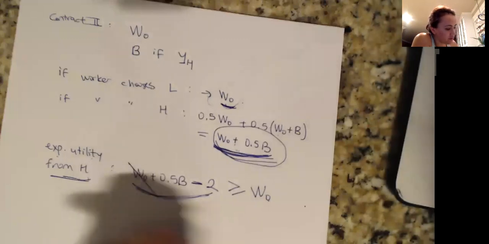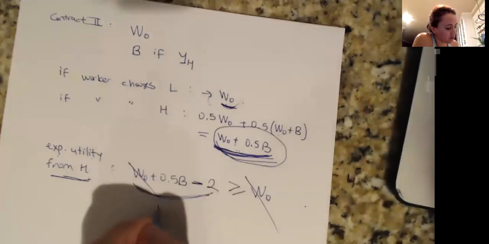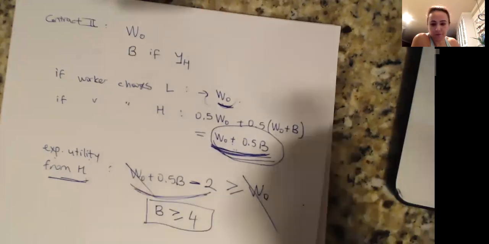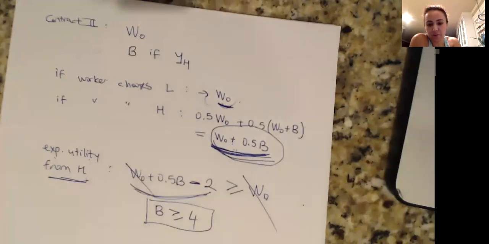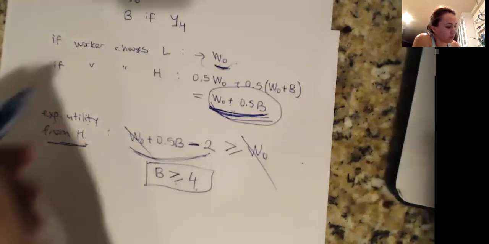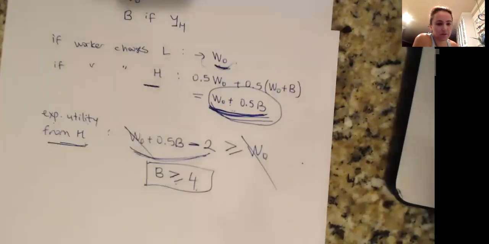So here, the W0s just cancel out. B greater or equal than 4. So if you keep the bonus greater or equal than 4, then the worker is going to choose high effort.